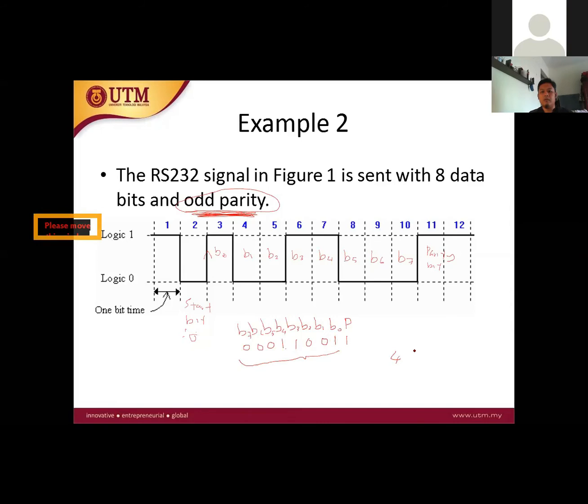So 4 is even. That is against the rule that we set as odd parity. So in conclusion, the data is invalid. If you have any question, you can ask.